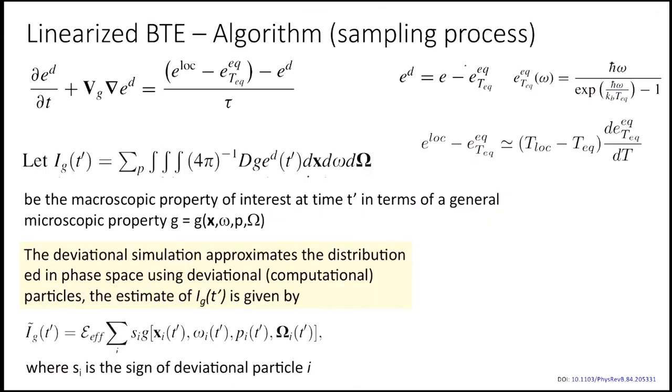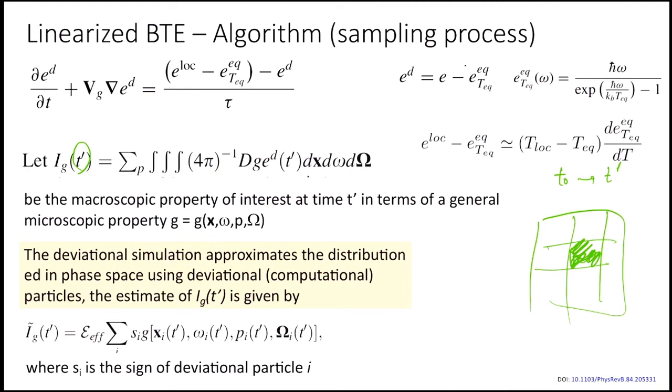So then we have to sample the properties. How we would sample the properties is now, let's say this I_G is a macroscopic quantity of interest. So basically, let's say this is the domain. Now the phonon is propagated: at t0 it started, now we are at t prime. At t prime, we want to know how much contribution, if we have to sample some macroscopic property like temperature or flux here.